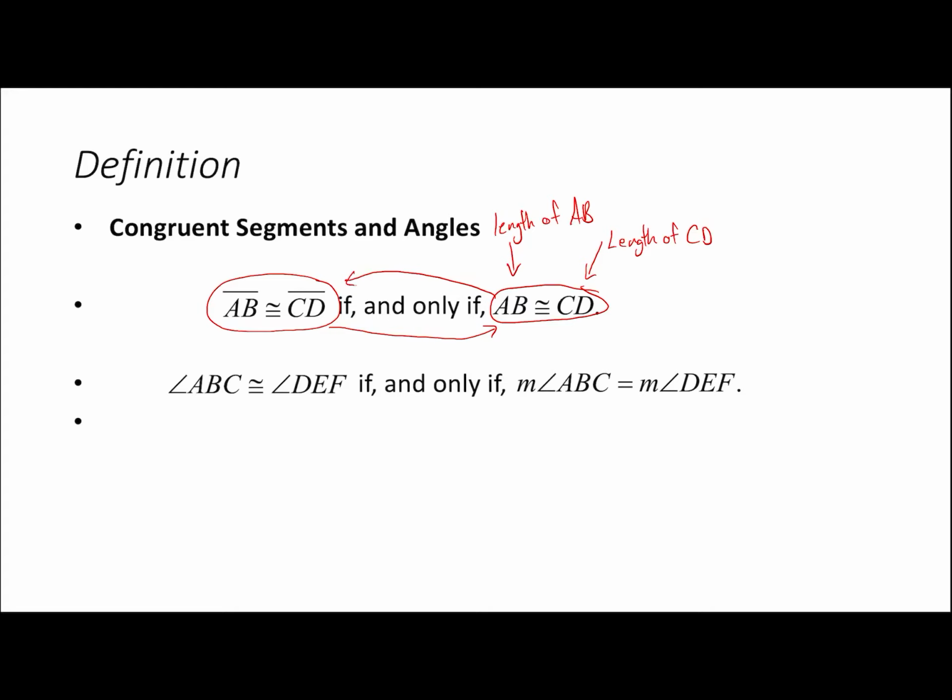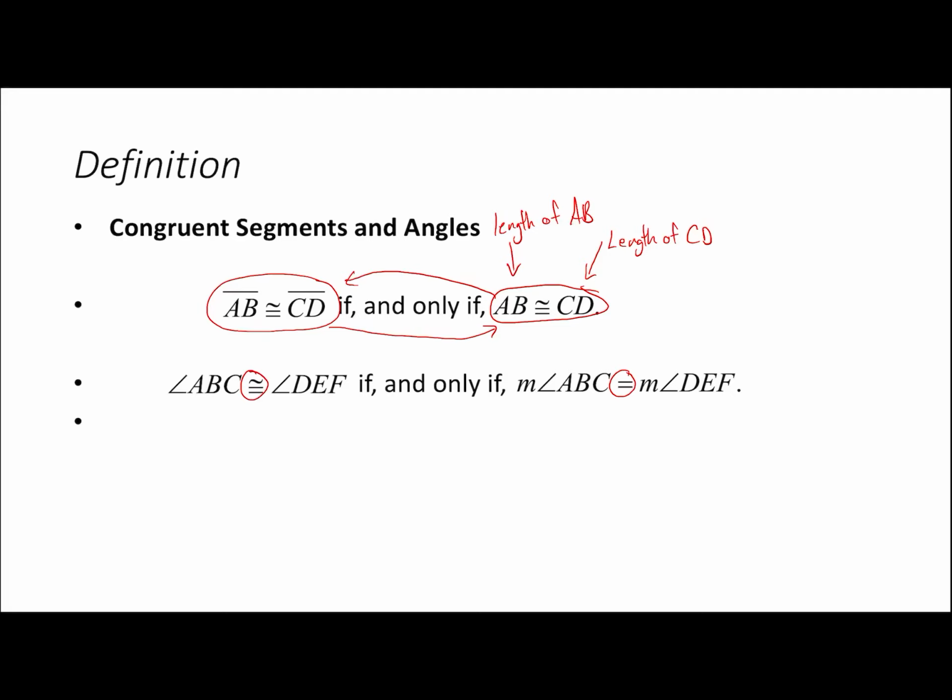If you don't see that if and only if statement, then it is not necessarily true to say it the opposite way. So just be aware of that. Now, the next statement here says that angle ABC and angle DEF are congruent if and only if their measures are equal.